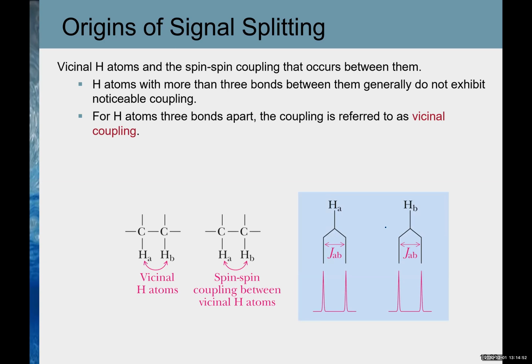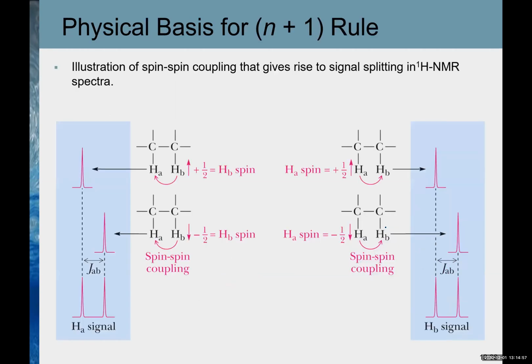So that's what this is showing on the plot here, that for proton A, if the neighboring B couples, so external field is this way. If it rotates in such a way that it is opposite of external field, then the signal will shift to upfield somewhere here.